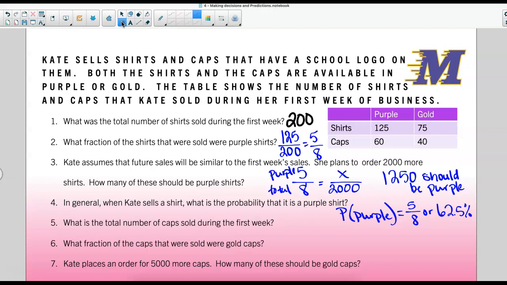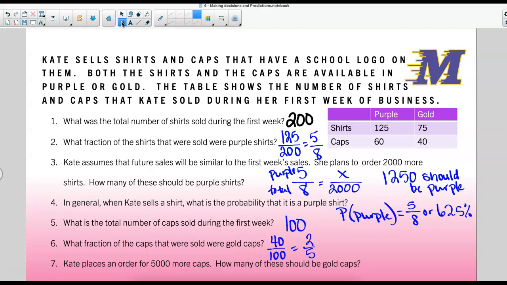Then let's look at caps. What's the total number of caps sold during the first week? 100. What fraction of those sold were gold? 2/5, right? 40 out of 100, which simplifies to 2/5. Kate places an order for 5,000 more caps.